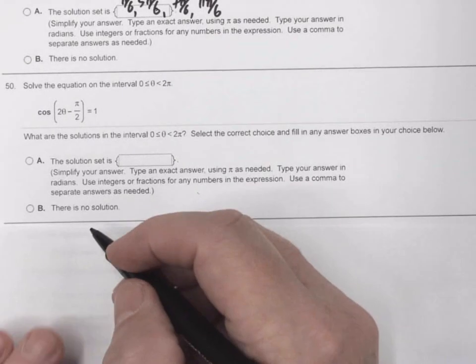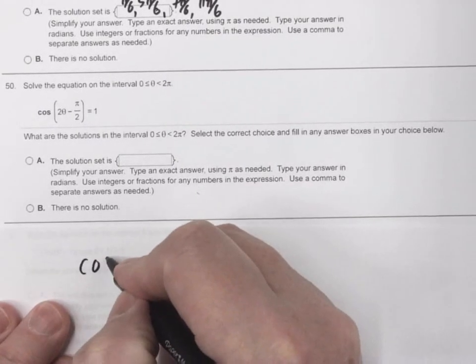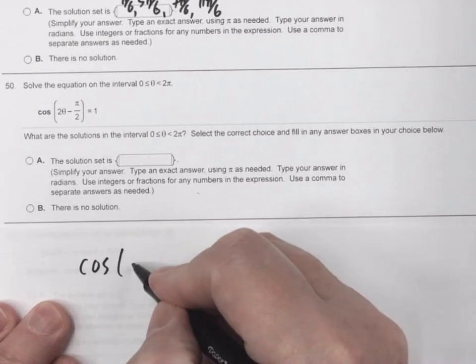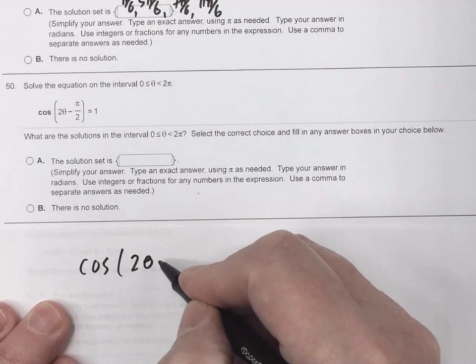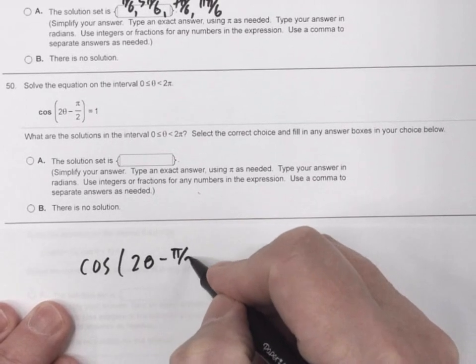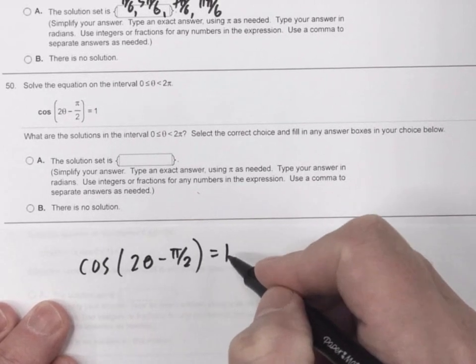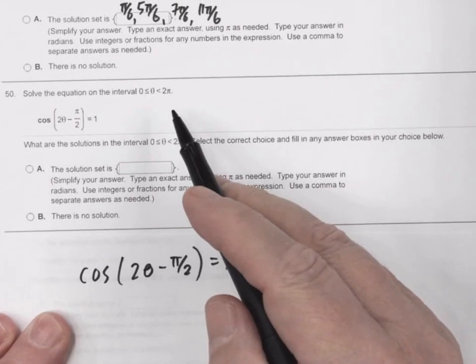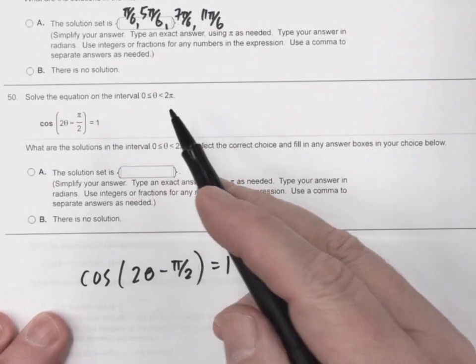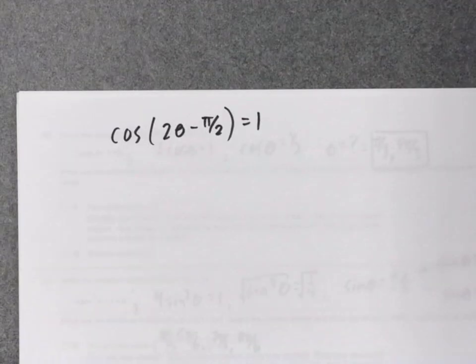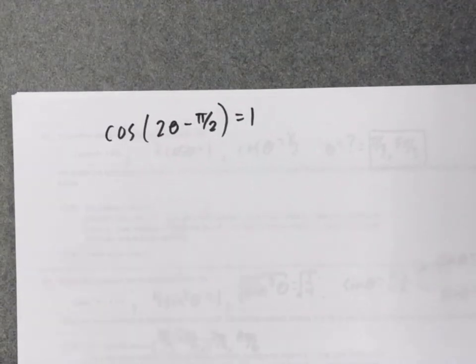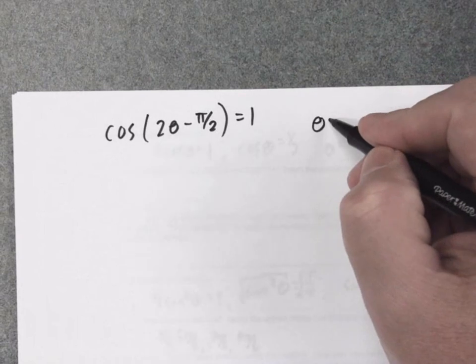Let me actually write this out so I have room to solve it. And you notice it still wants the solutions between 0 and 2 pi. So here's how we have to solve this problem.